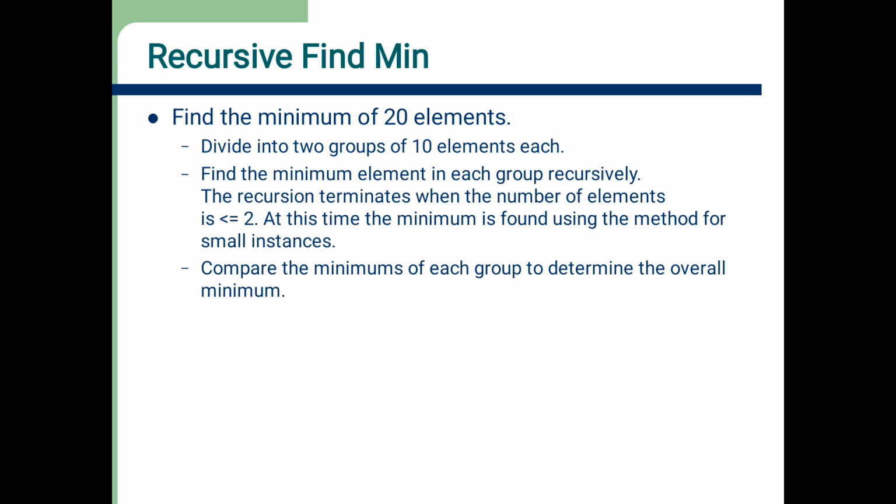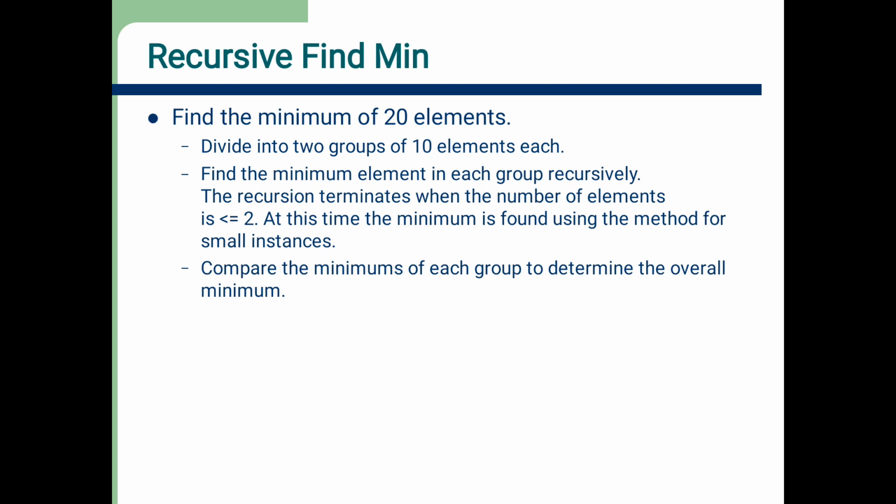If there are two elements, write code for two elements. If i equal to j minus 1, then if a of i is less than or equal to a of j, a of j is the maximum element and a of i is the minimum element. This piece of code is for finding the minimum and maximum for two elements.